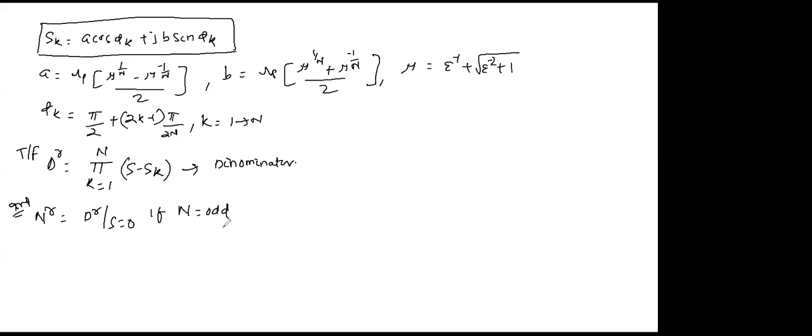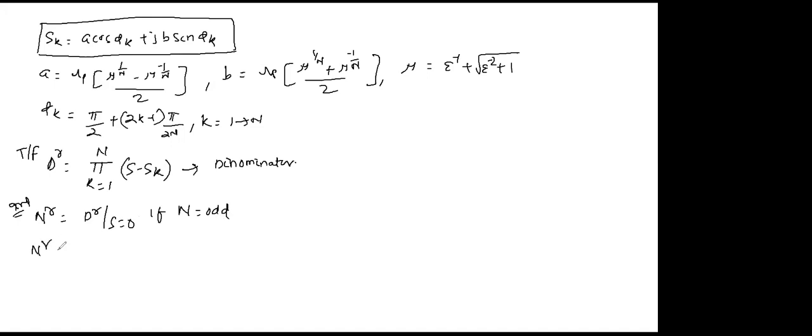Just remember the previous class. I said very clearly that if n is odd, the ripple will start at 1, simply by putting s equals 0. So for n odd, we multiply only by 1. That's why the numerator equals the denominator at s equals 0 if n is odd.